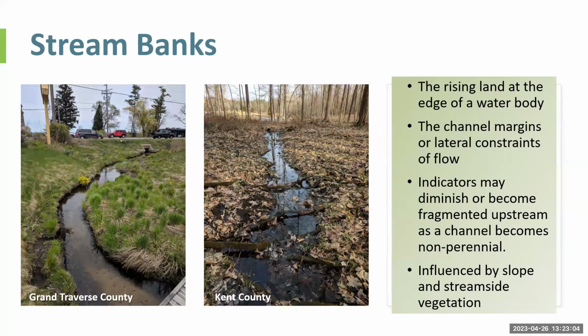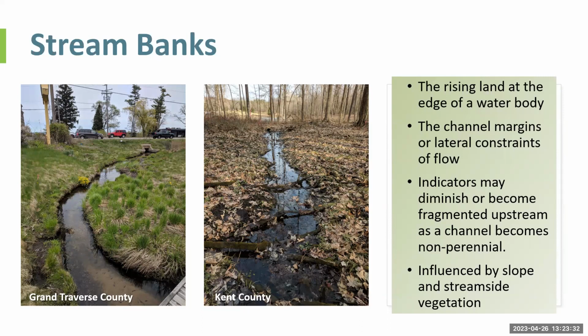So stream banks are the rising land at the edge of a water body. It's basically the margins of the channel or the lateral constraints of flow during low flow or base flow conditions. Of course, during flood flows, that water is going to spill out onto your floodplain. But during those typical flows, your stream banks are going to contain that flow.